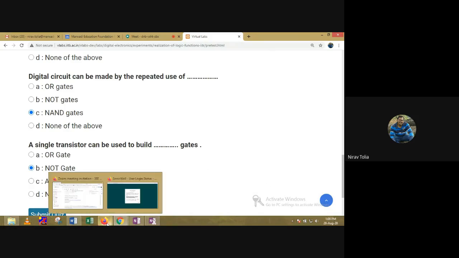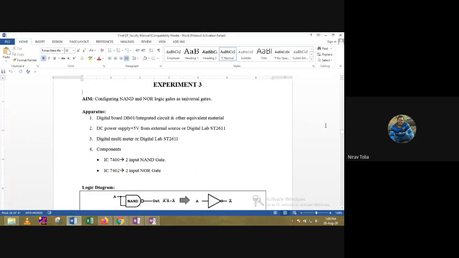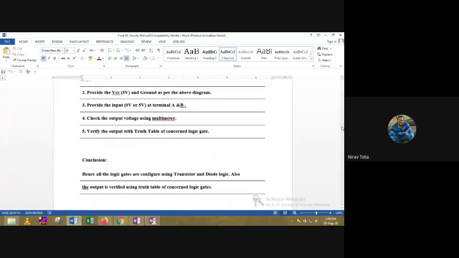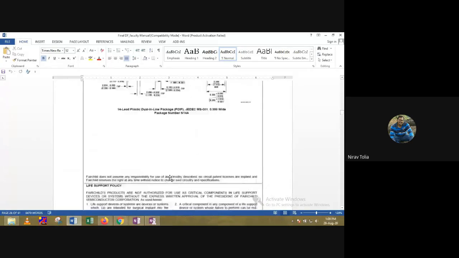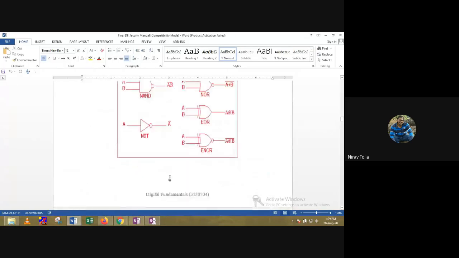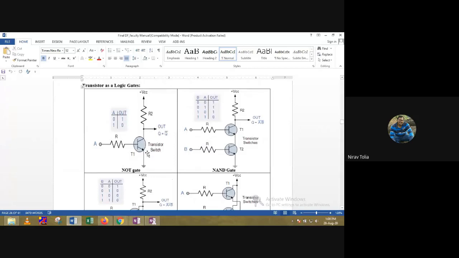If you remember the circuit, let me show you. See, which circuit has a single transistor?